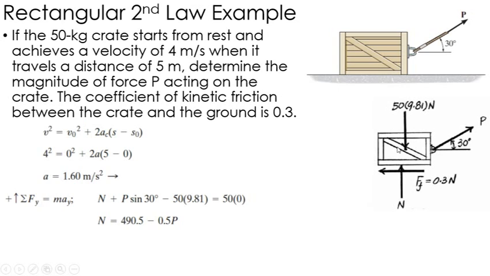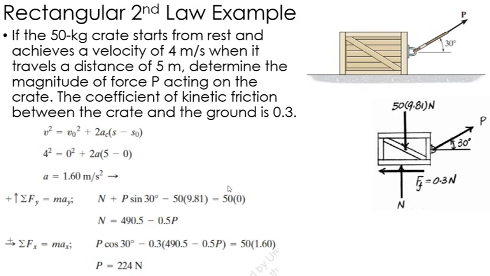And this crate does not accelerate vertically, it only accelerates horizontally, so the acceleration in the y direction is actually 0. So I get this relationship for N as a function of P. Again, it's related to both the weight as well as the vertical component of my applied force P.